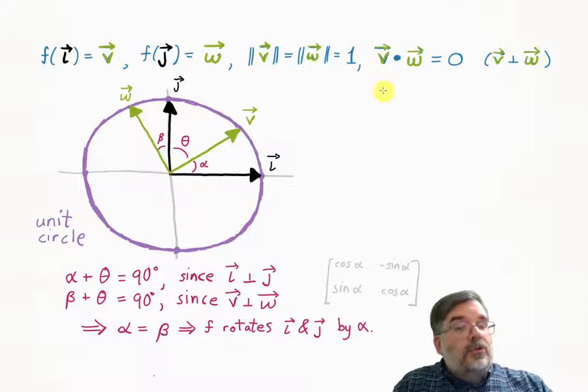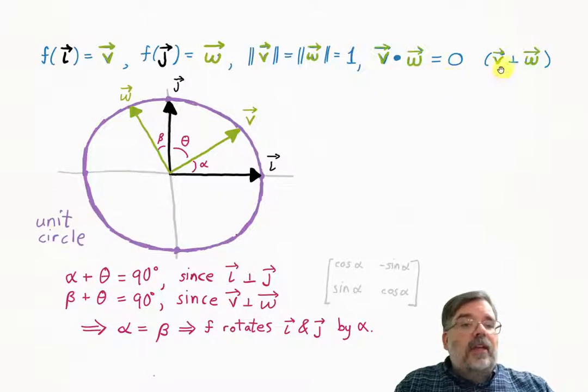But if you also know that v dot w is equal to 0, that tells you that v and w are perpendicular. So once you know where v is, that forces the position of w, because the angle between v and w must be 90 degrees, much like the angle between the vector i and the vector j.